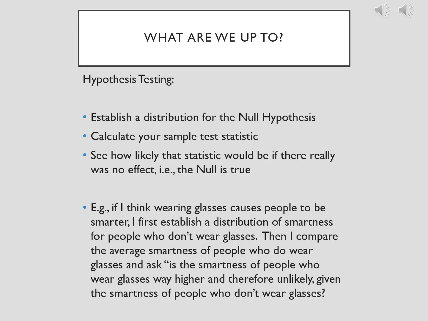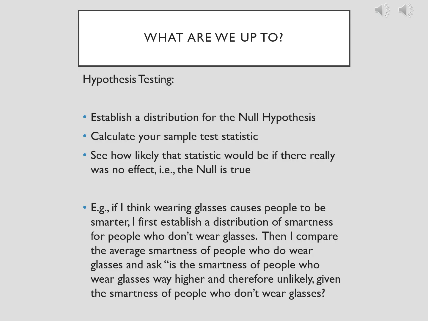But then I'm going to take a group of people who do wear glasses, and I'm going to get the average smartness of that group, okay? And I'm going to compare that to the distribution of smartness of people who don't wear glasses, right? And I'm going to ask the question, is the average smartness of people who wear glasses way higher than the average smartness of people who don't wear glasses?